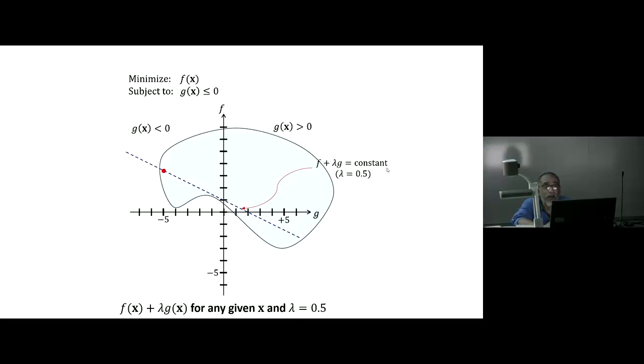Lambda equals 0.5, so the slope of this straight line would be -0.5, negative lambda. Wherever this straight line intersects the f-axis, that's the f-intercept, that would give us the value of f(x) plus lambda g(x). Are we clear about this?